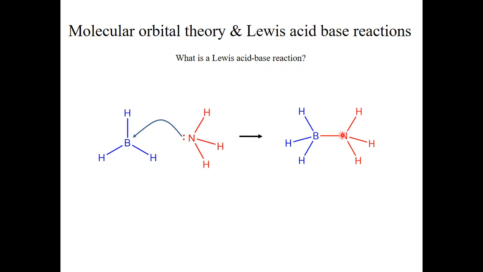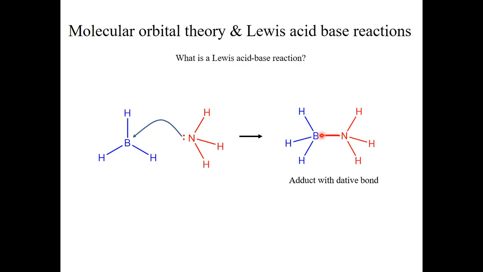We call this kind of bond a so-called dative covalent bond. And in order to indicate this, we write this covalent bond not as a simple line, but as an arrow that points from the donor to the acceptor, indicating that this bond is a dative bond.